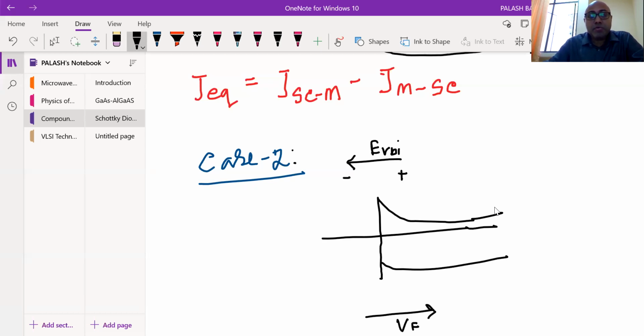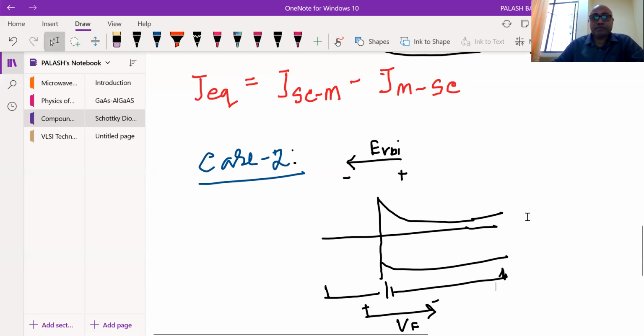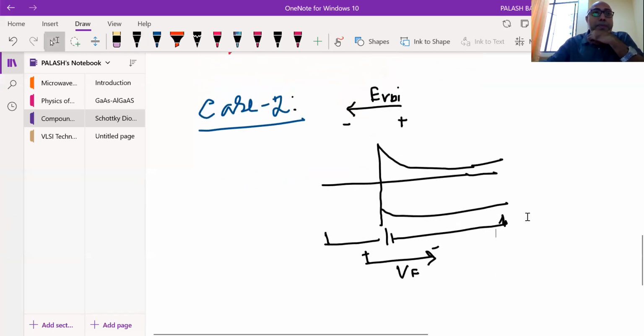If you want to apply the forward bias, what would be your polarity, plus minus? So what will happen if we apply some voltage across this junction?